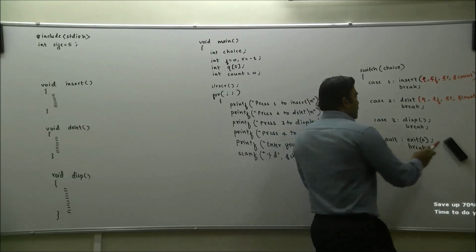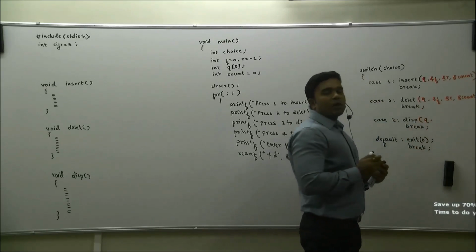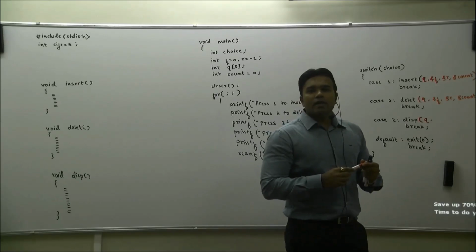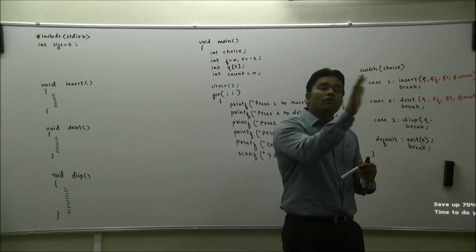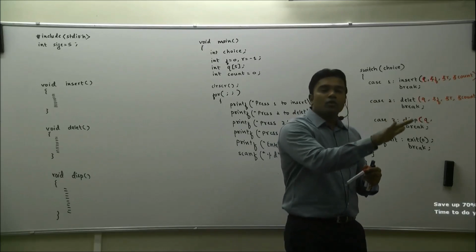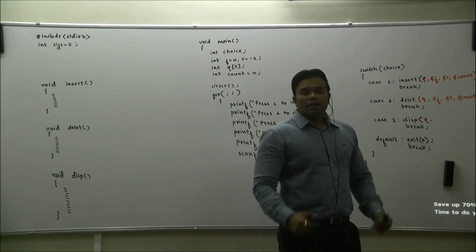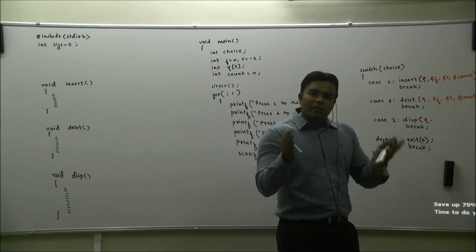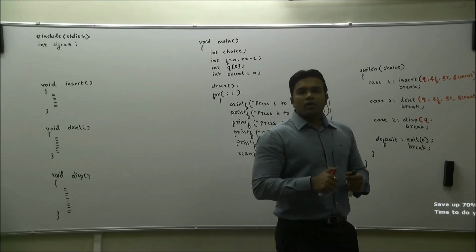Oh, correct, sir. What you are telling is correct. If I just write q, it is an array, and the array name always gives me the address only. Q of 0 will give me the first element, q of 1 the next element, q of 2 the next element. Only q gives me the base address. That is what I am telling. When q itself gives the base address, why would you write ampersand q? That you should not do.